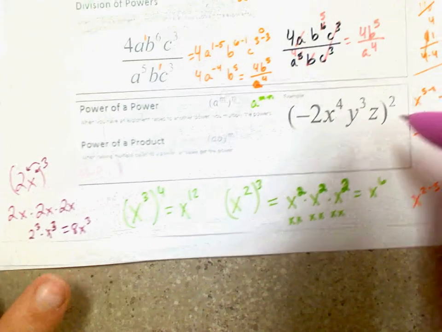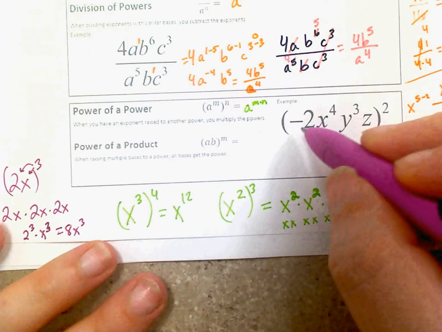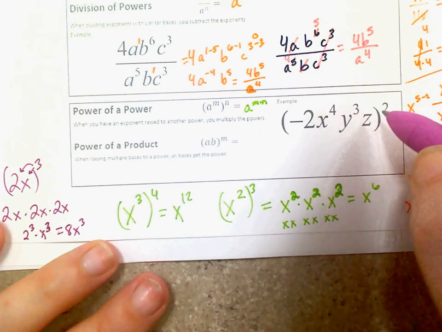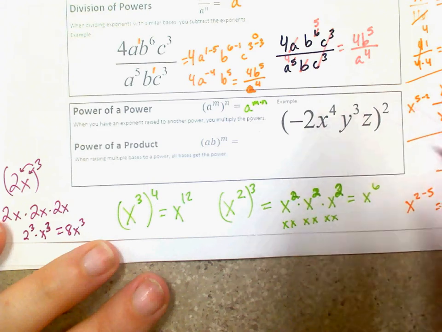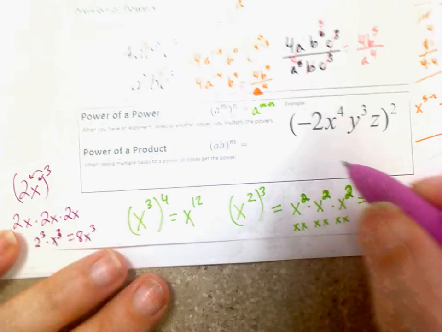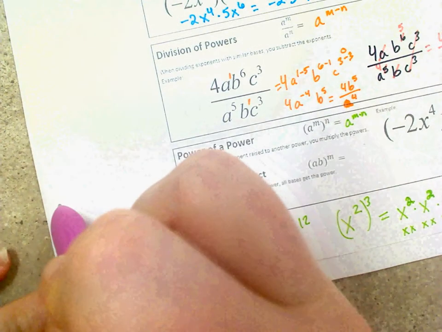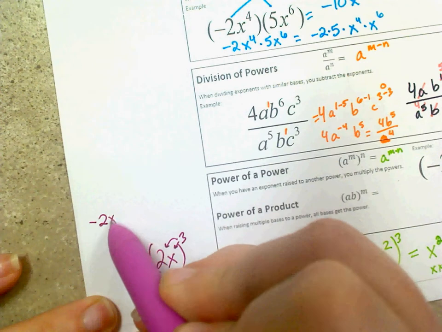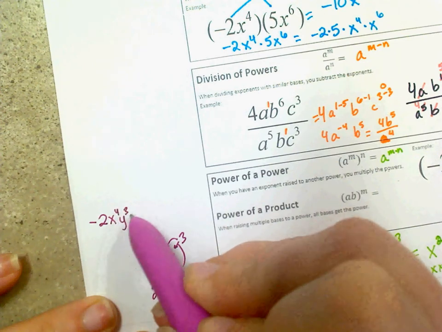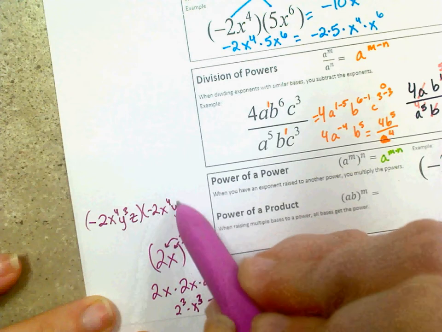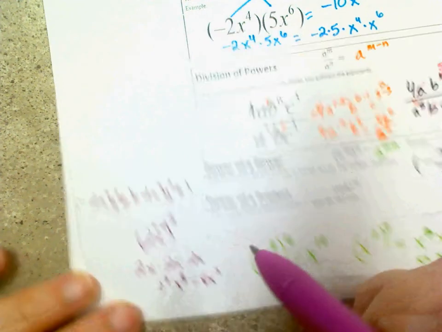So when I've got negative 2 times x to the 4th times y to the 3rd times z, all squared, that means you can work it one of 2 ways. You can write it out twice. So negative 2 x to the 4th y cubed z times negative 2 x to the 4th y cubed z, and then multiply them, and I'll do that in a second.